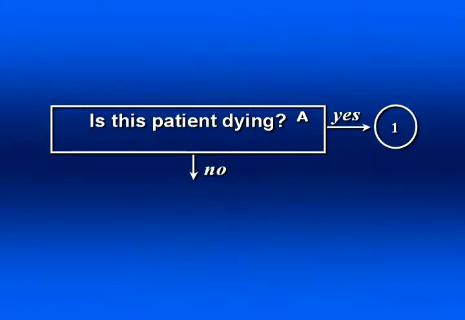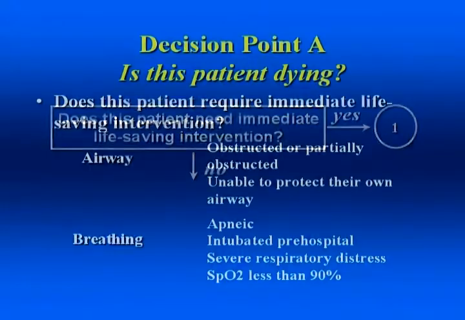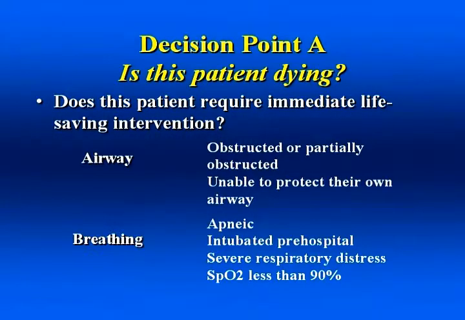Is this patient dying? The criteria used to answer this question are: does this patient require immediate life-saving interventions? If the answer is yes, the patient is assigned ESI Level 1. What is meant by immediate life-saving intervention? Does this patient have an obstructed or partially obstructed airway?